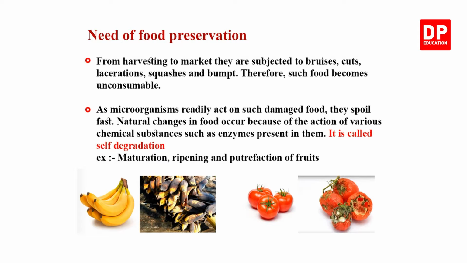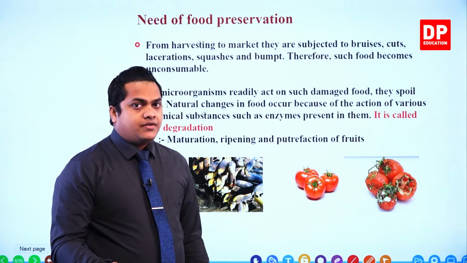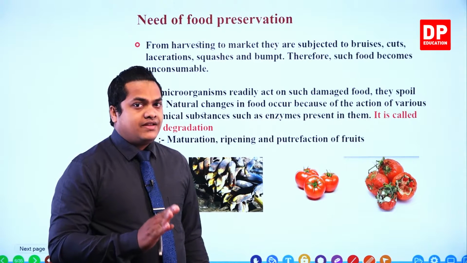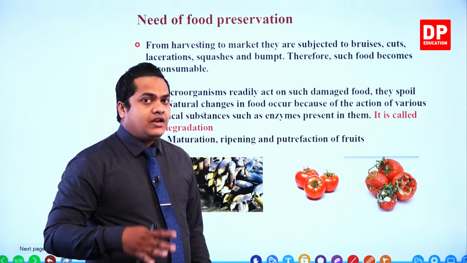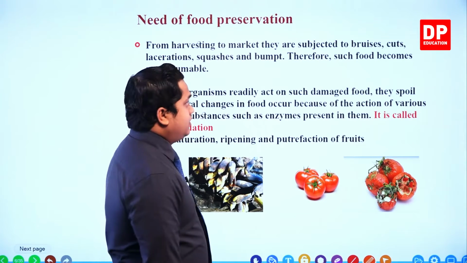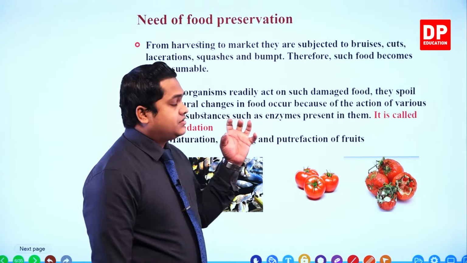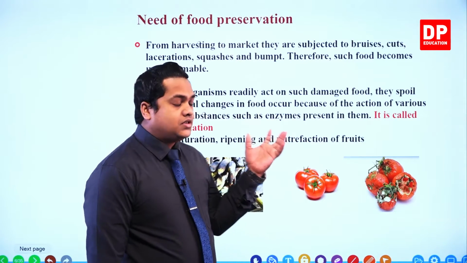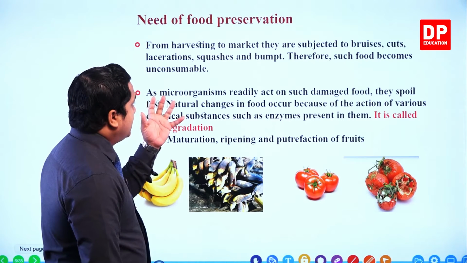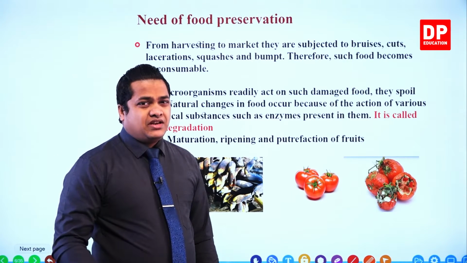So like I said, when the food items are transferred from field to the market, let's imagine from the agricultural field to the market, we have to transport these things. So upon transportation, they are subjected to bruises, cuts, then lacerations, squashes, and bumps, mainly these things.